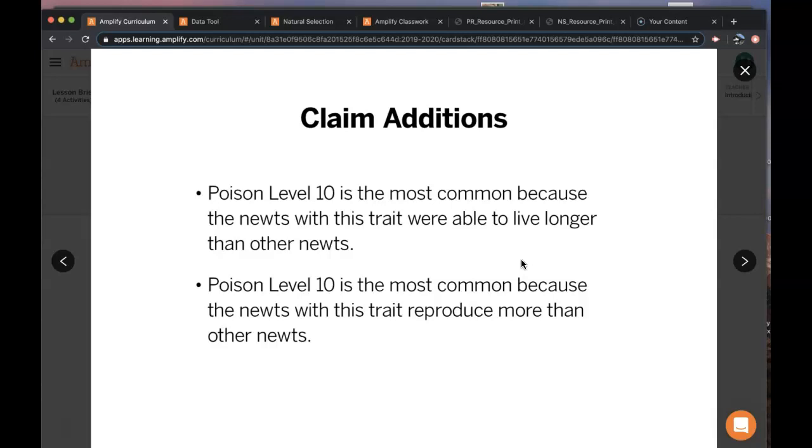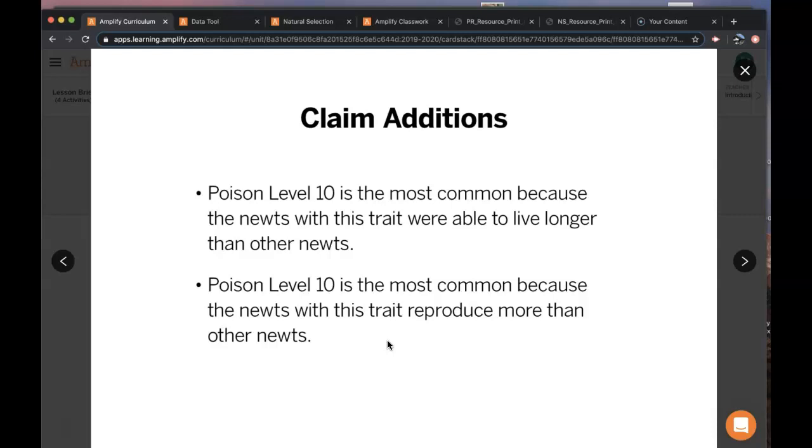Some park visitors have offered two competing ideas. Some have suggested that poison level 10 is most common because newts with this trait live longer than other newts. Others think that poison level 10 is most common because the newts with this trait reproduce more than other newts.